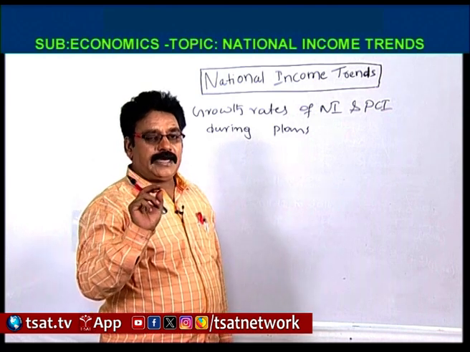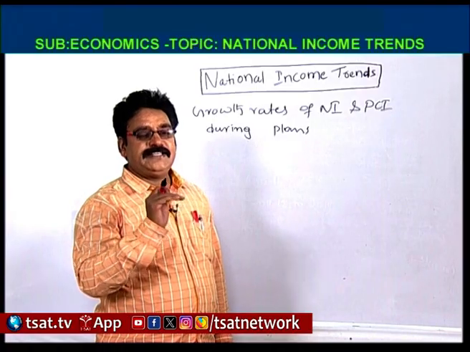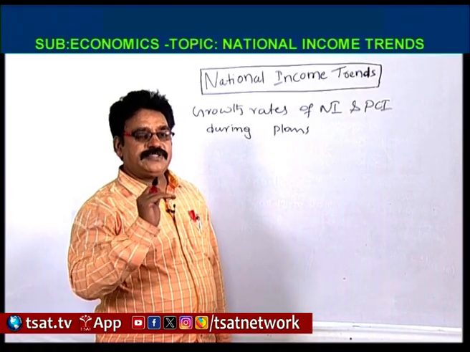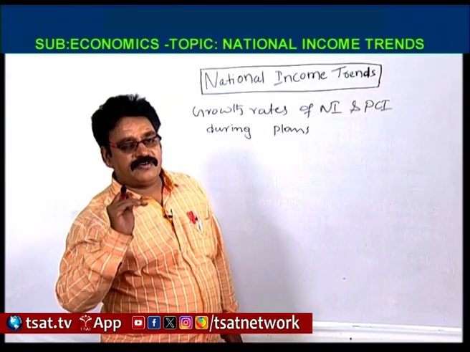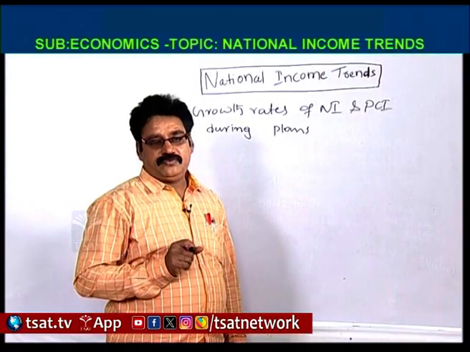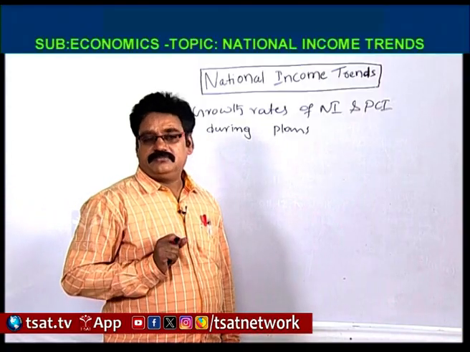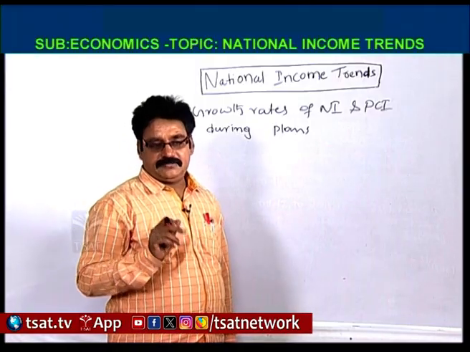Slowly, if we observe the trend, do not worry about the points to keep in mind. Follow the trend of how our Indian economy's national income is increasing plan-wise. First plan to second plan, it decreased a little bit. Second plan to third plan, it decreased further because of unavoidable things, wars we faced during that period, and drought conditions we faced in that period.